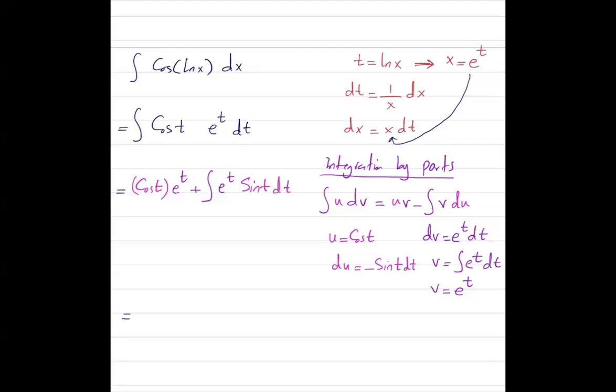Okay, so what's happening here? I still have e to power t sine t inside my integral. So if I write this this way, it shows repetition. It keeps repeating itself. What's the meaning of that?